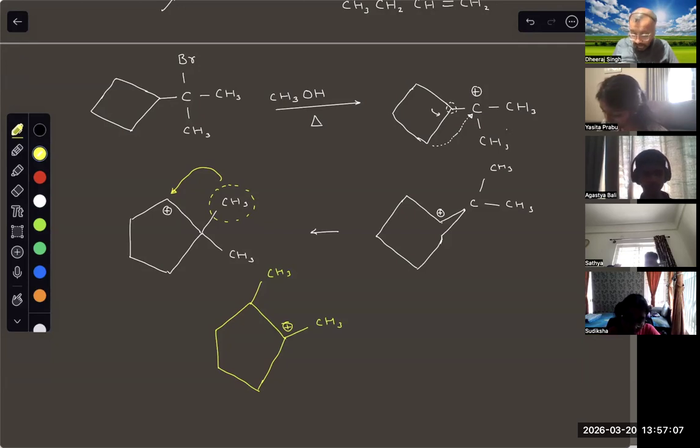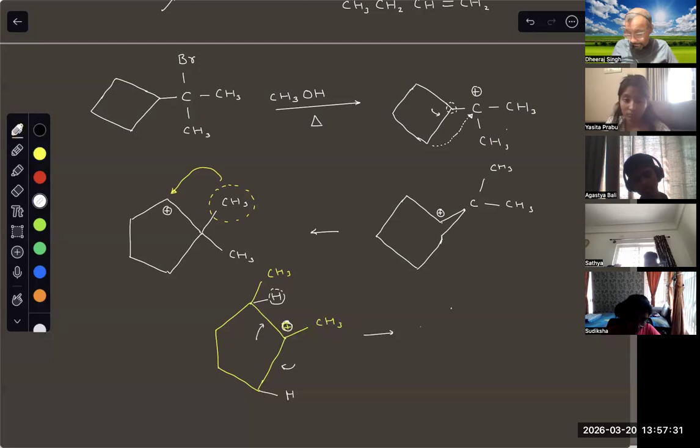And now this hydrogen as well as this hydrogen are next to this carbocation that can be removed, and the double bond can be shifted here or there. If you remove this hydrogen, the more substituted product will be formed. Since we're talking about the major product, the product that will get formed majorly is this.